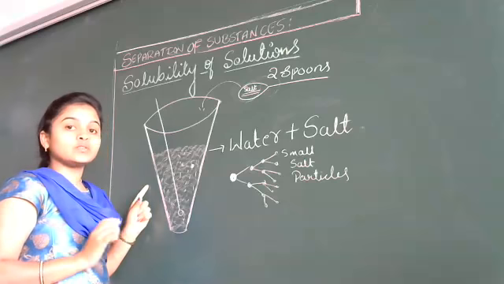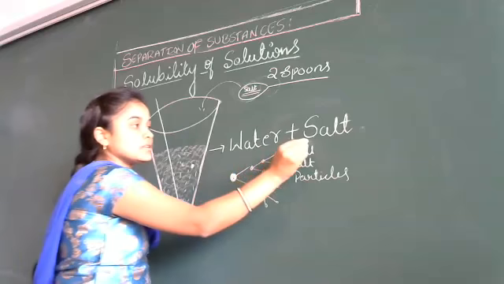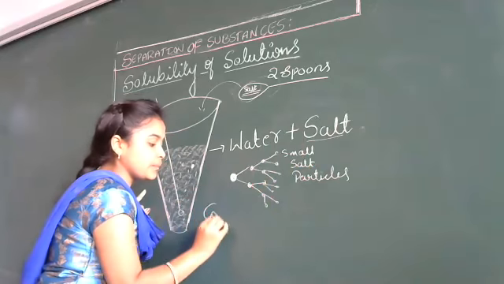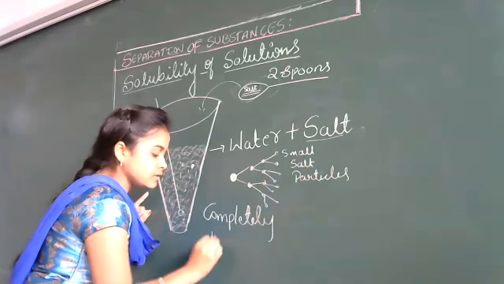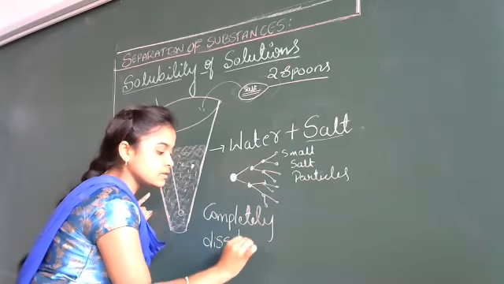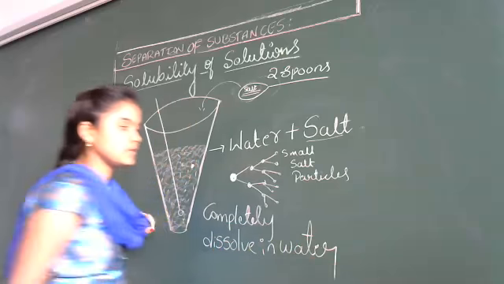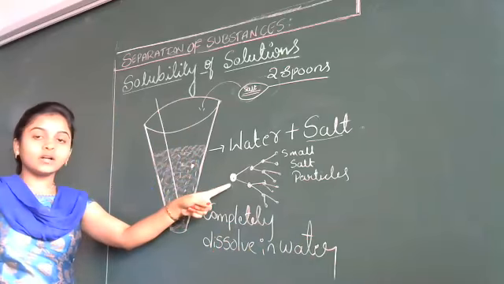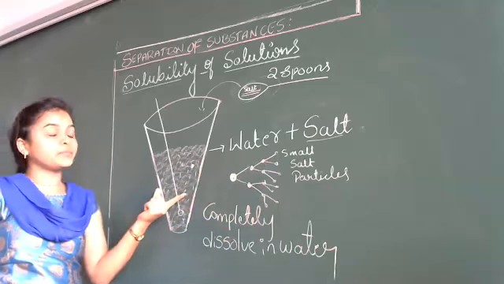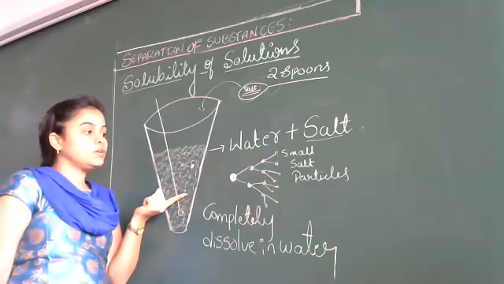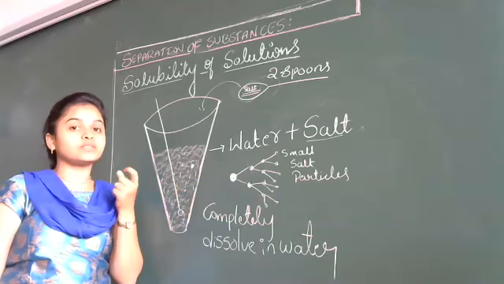Now what do you get here? Salty water you will get, because this salt will completely dissolve in water, right? So the salt particles, after breaking, will completely dissolve in the water, so that when you drink this water you feel it is very salty.